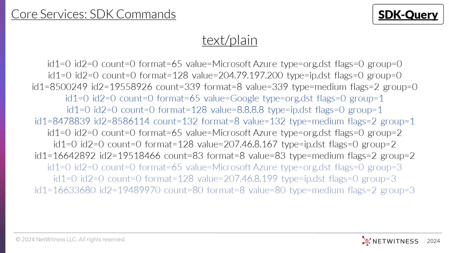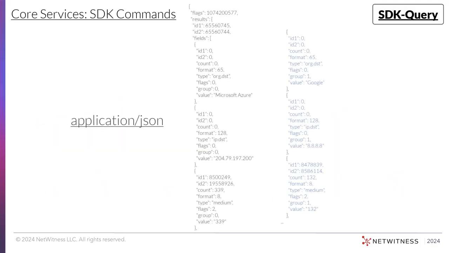Here's a closer look at the results in the text plain content type, with highlighting to make it easier to see the different result groups. And here's that same result set in the application JSON format. In both cases, we see that the group field ties these results together.